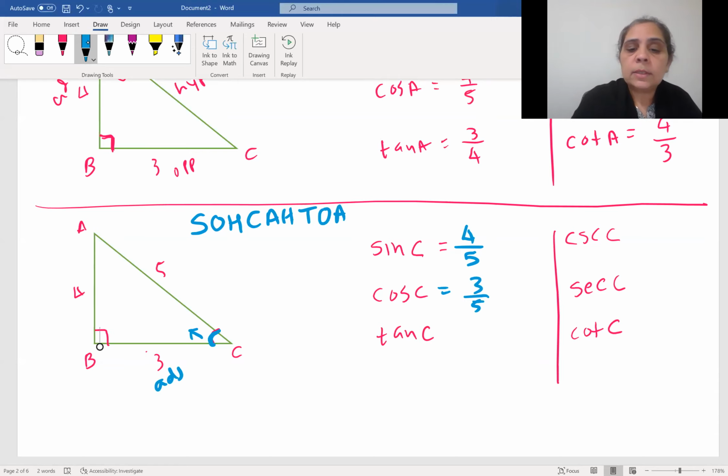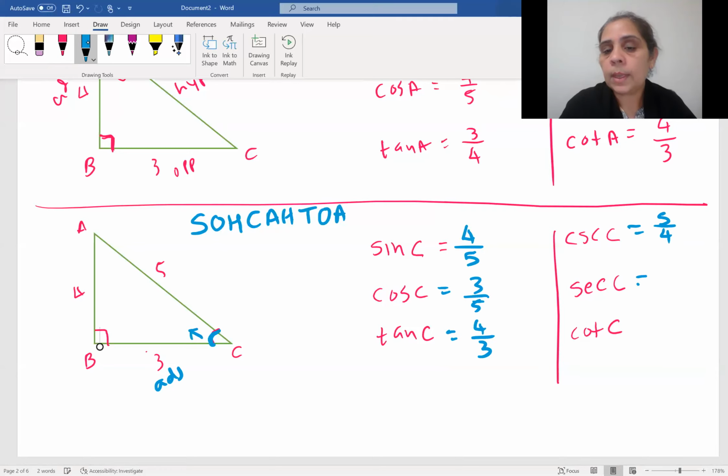And tangent C is opposite over adjacent, so we get 4 over 3. And then here you just do the reciprocal, so you just flip it: 5 over 4, 5 over 3, and here 3 over 4.